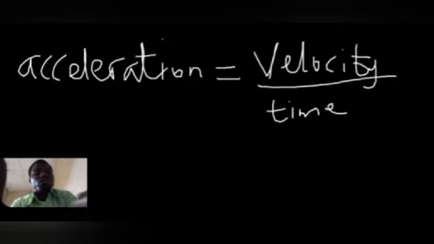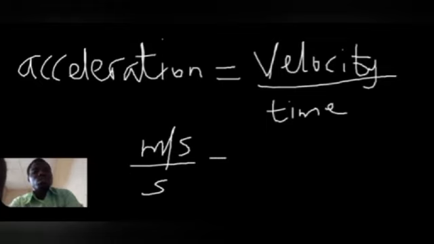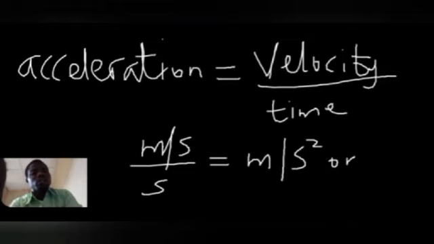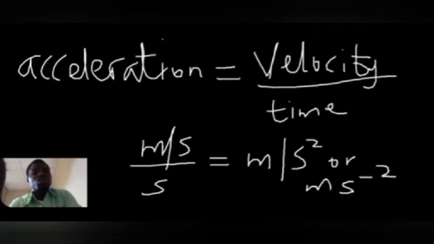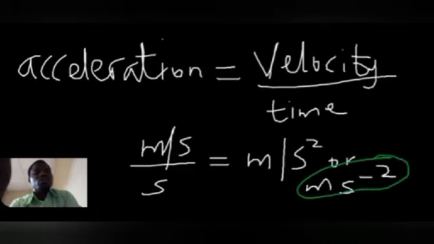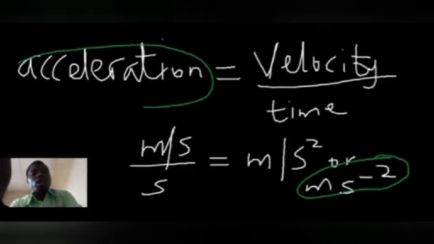We just discovered that the unit of velocity is meter per second, divided by seconds. If you do this mathematically, we should have meter per second squared, or some people write it as m s raised to the power of minus 2. This is the derived unit for acceleration.